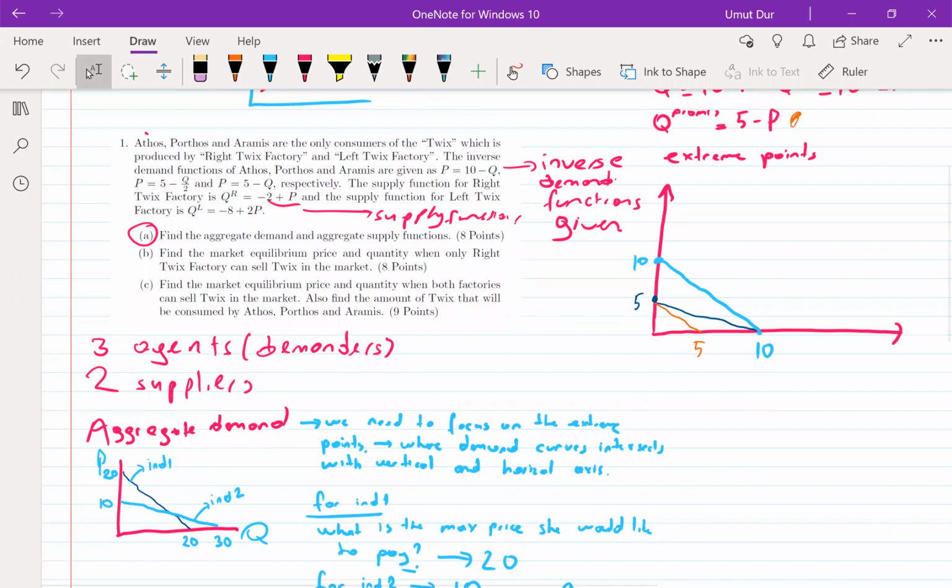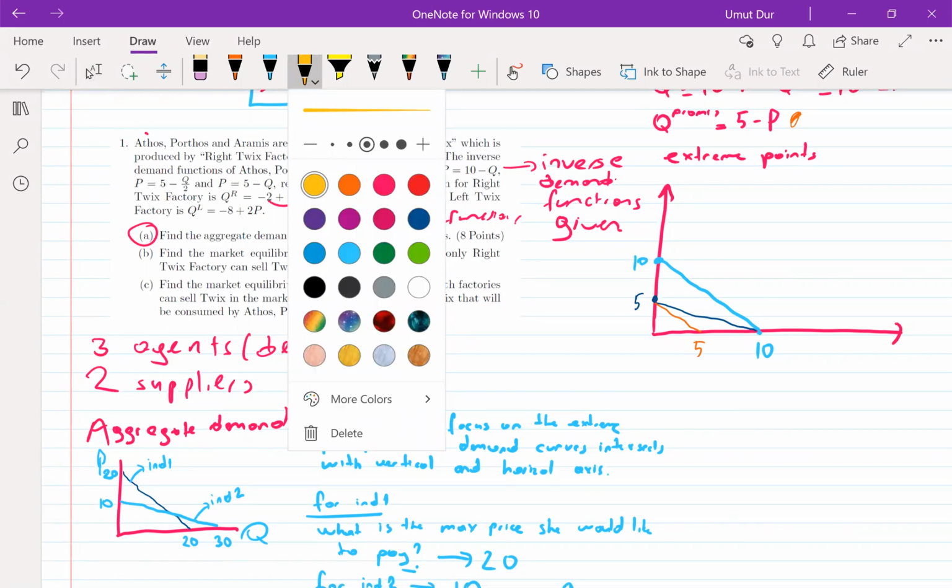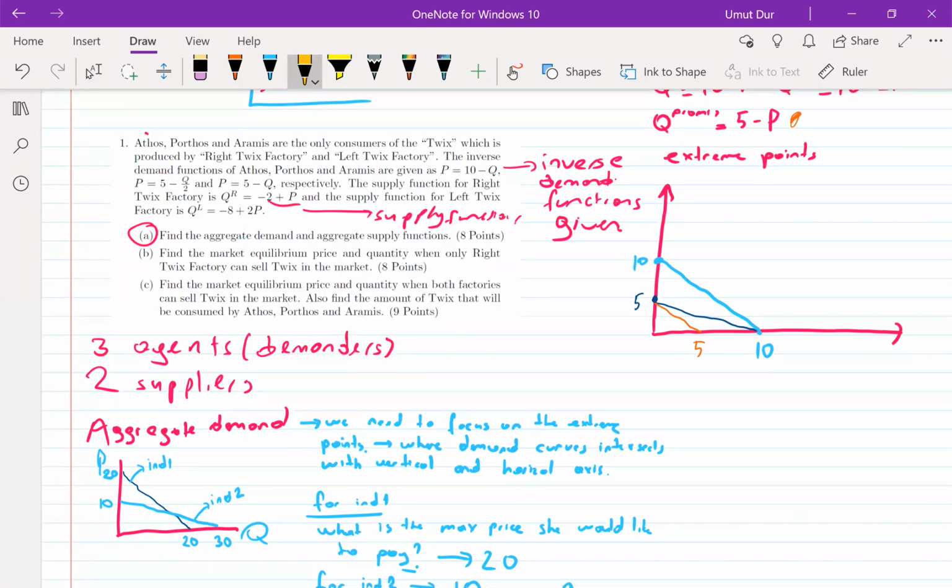Then our aggregate demand will look as follows. I will draw it with yellow.